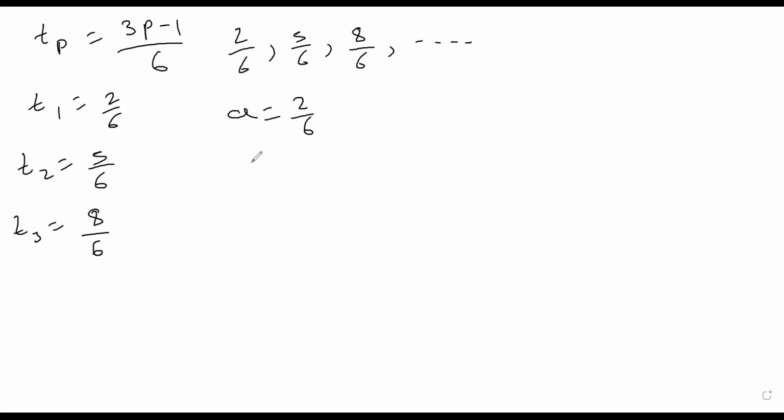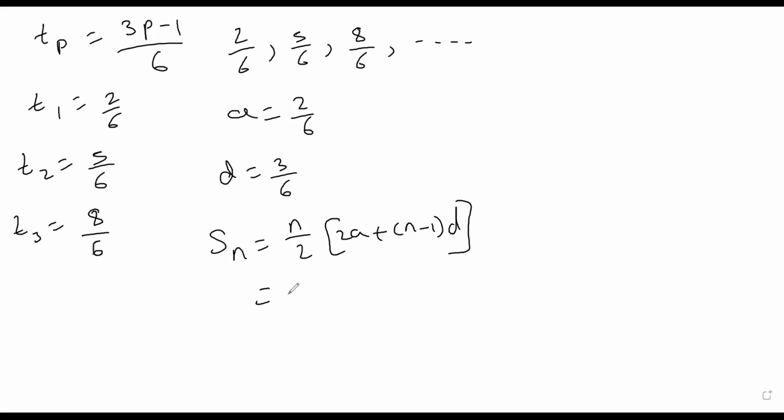Here A is 2 by 6, D is 3 by 6. I have to find out Sn. Sn is n by 2, [2a plus (n minus 1)d]. So it is n by 2, [2 into 2 by 6, plus (n minus 1), d is 3 by 6].